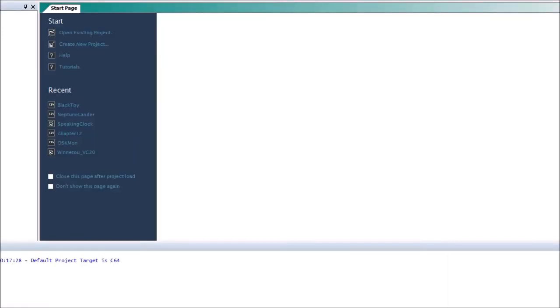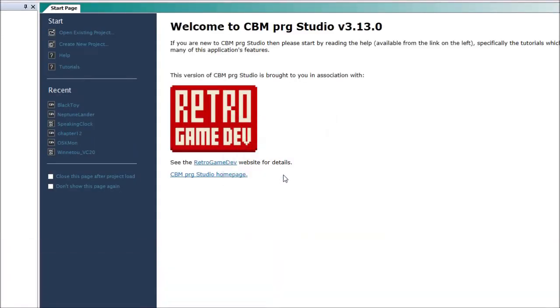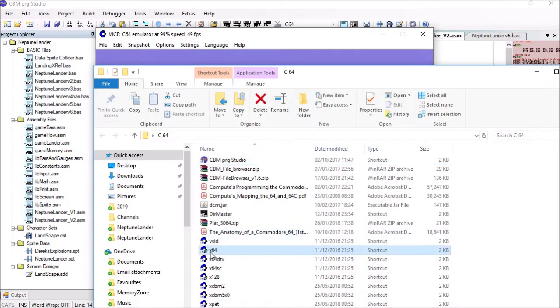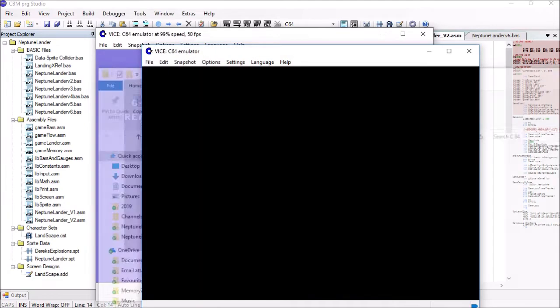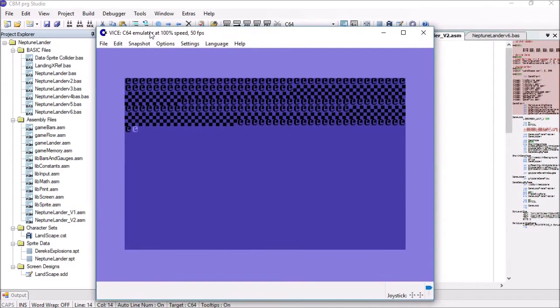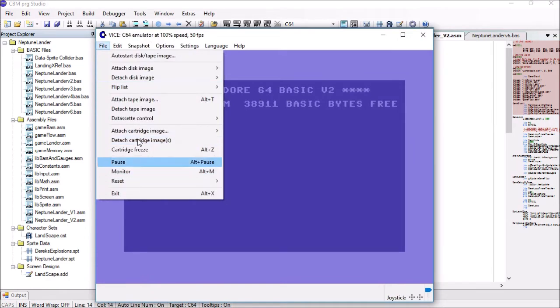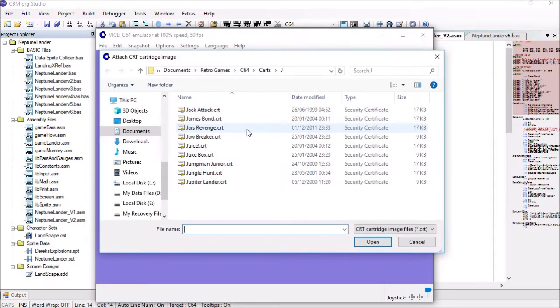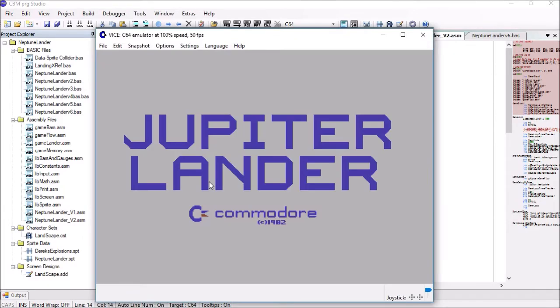Oops. Didn't want to do that. Just fired another one up and didn't want to do it. Where is the emulator? There it is. So put that there. CRT. There we go, Jupiter lander.